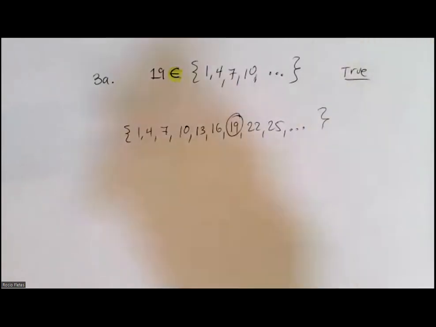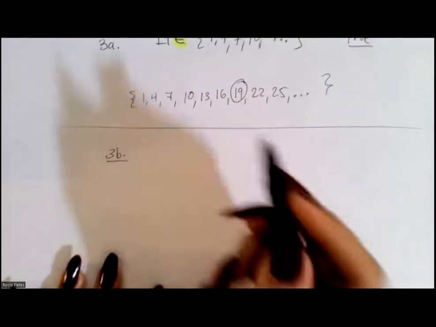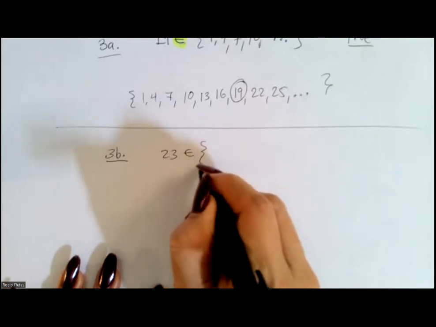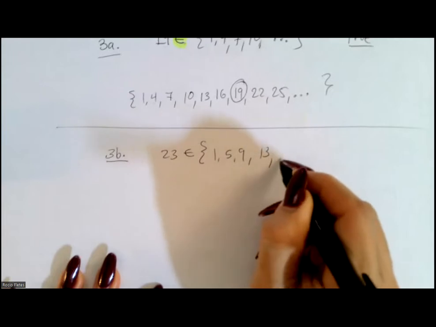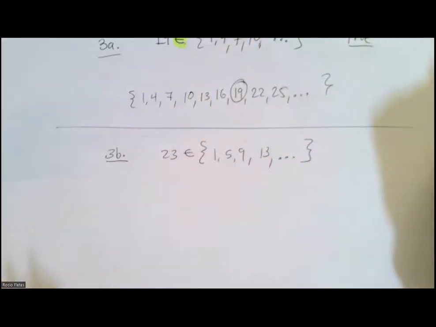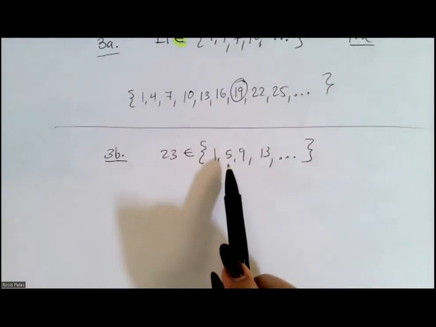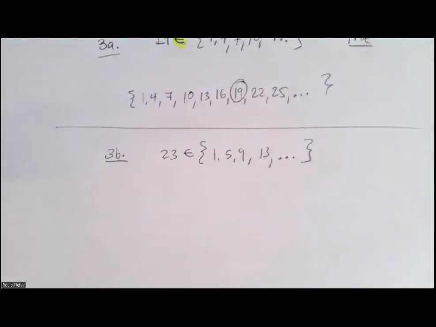The next one, 3B, I'm just going to write them here. Okay, so 3B, we have 23 belongs to the set 1, 5, 9, 13, dot, dot, dot. All right, so we have to see if that is true. Let's see, so 1, 5, 9. So we went from 1 to 5, and so from 5 to 9.